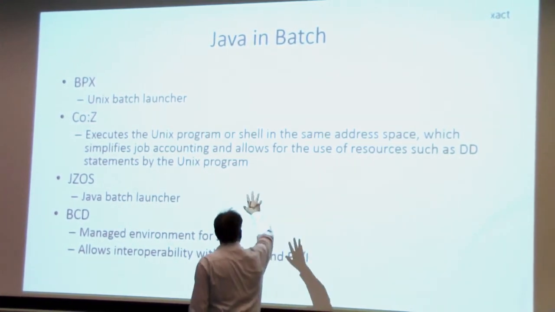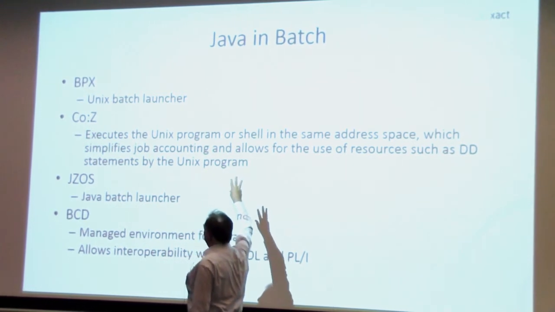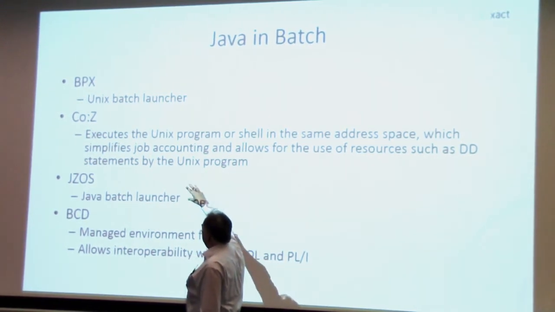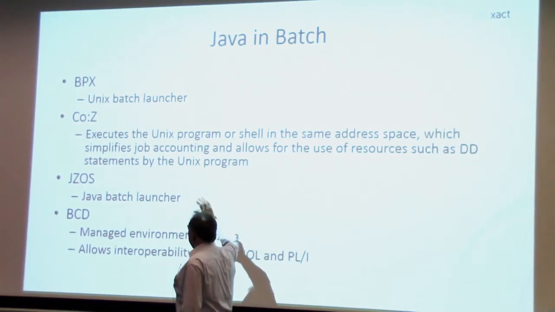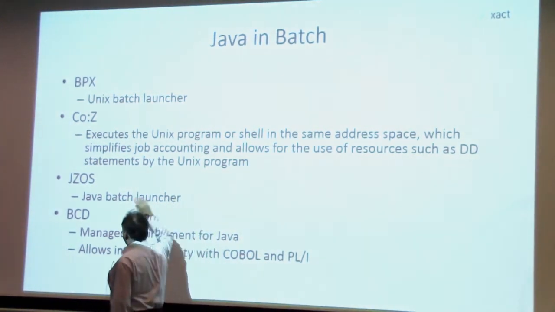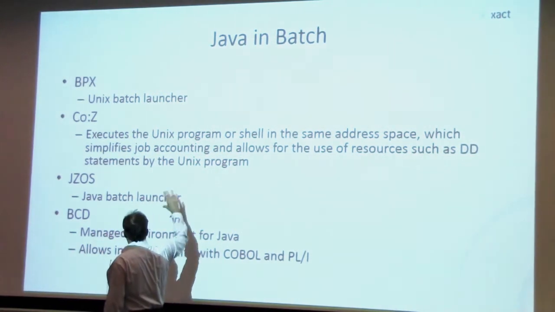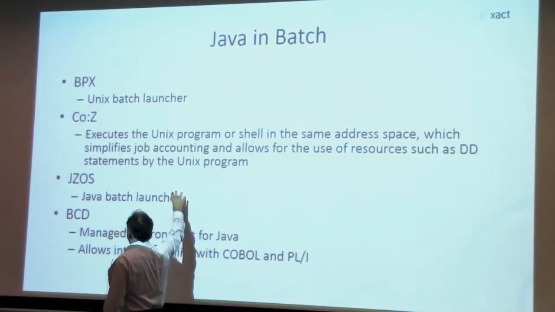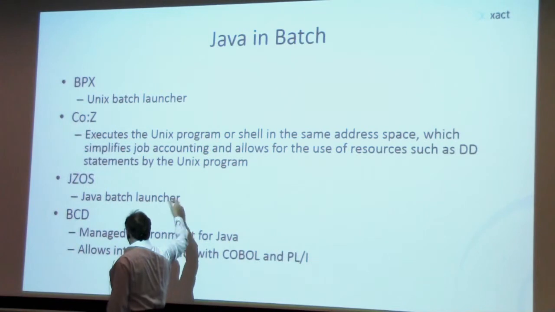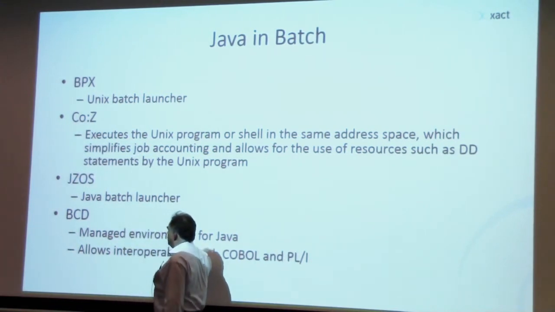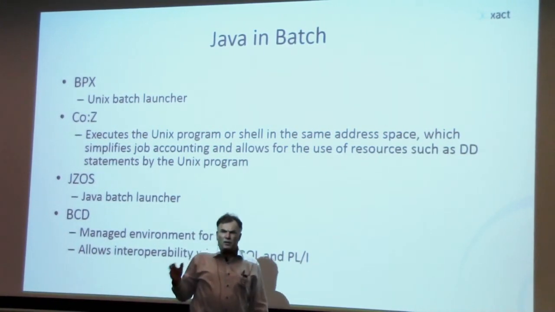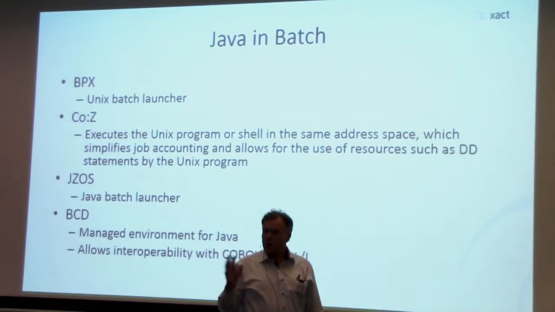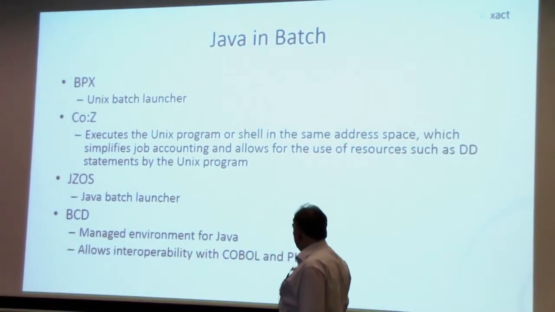Then there is an open source extension to it called COZ, which can do a bit more but still is limited. Then there is JZOS, Java on z/OS, which is a Java batch launcher. And then there's finally the batch container, which is a managed environment for Java, as they say, and it allows COBOL and PL/I and Java programs to interoperate and to do it with DB2.